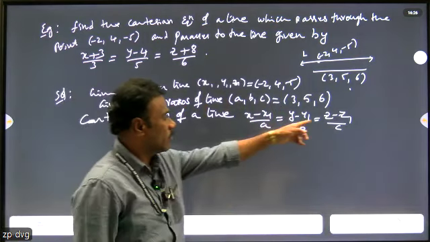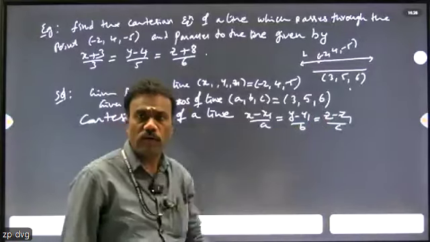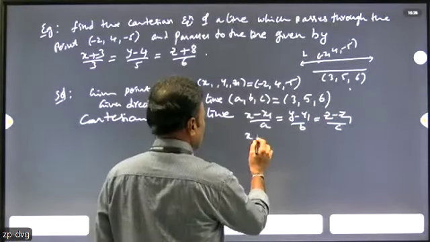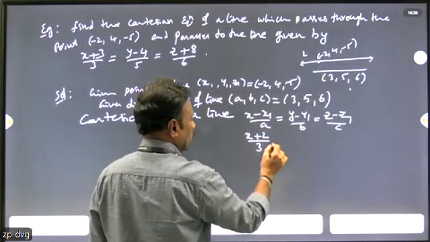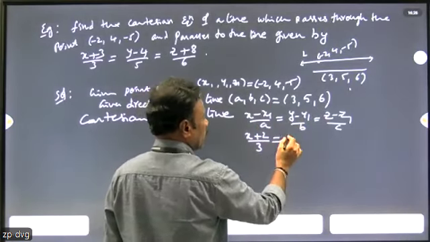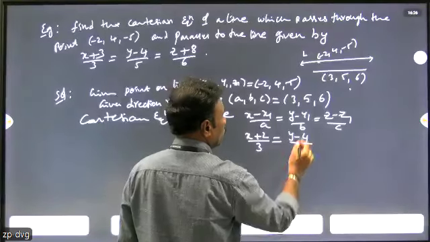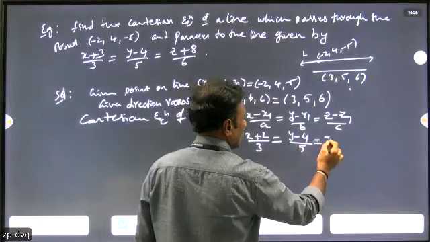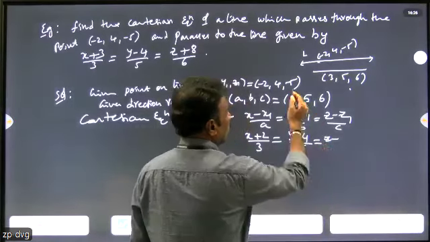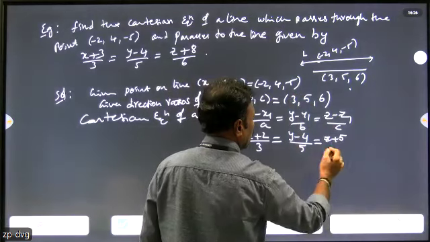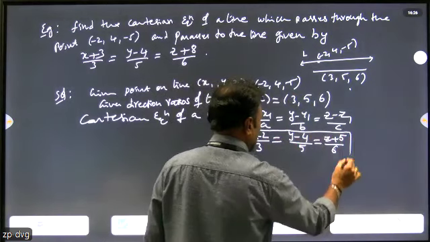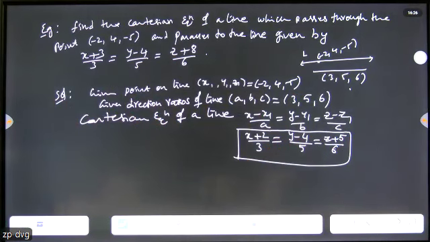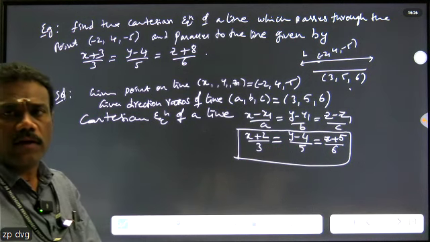You know the values of x1, y1, z1 and a, b, c, so substitute. You get (x + 2)/3 because minus of minus becomes plus 2, then (y - 4)/5, then (z + 5)/6. So the required Cartesian equation of the line is (x + 2)/3 = (y - 4)/5 = (z + 5)/6.